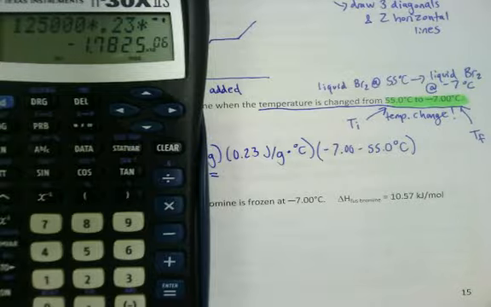That's it in scientific notation. If you got it in standard, that's fine too. About how many sig figs should we round this to, y'all? 3. 3's good. So I'm going to make sure I include my negative sign so it's not wrong. I did do my final and my initial correctly, so this is negative.